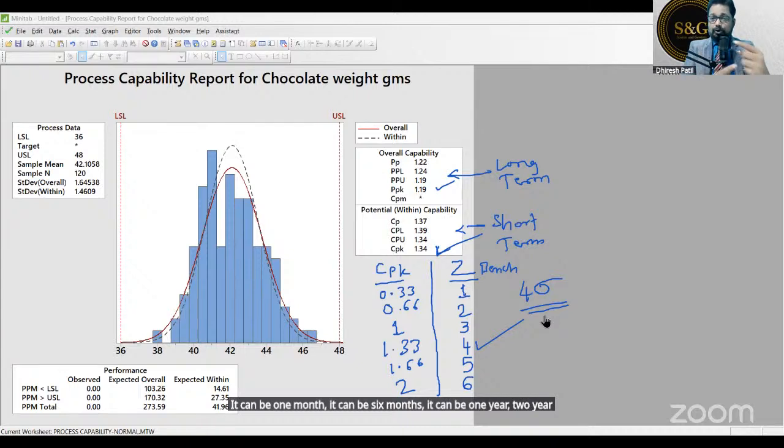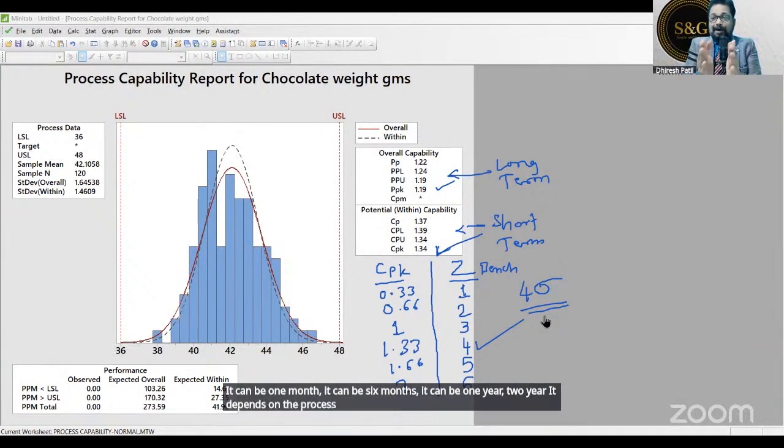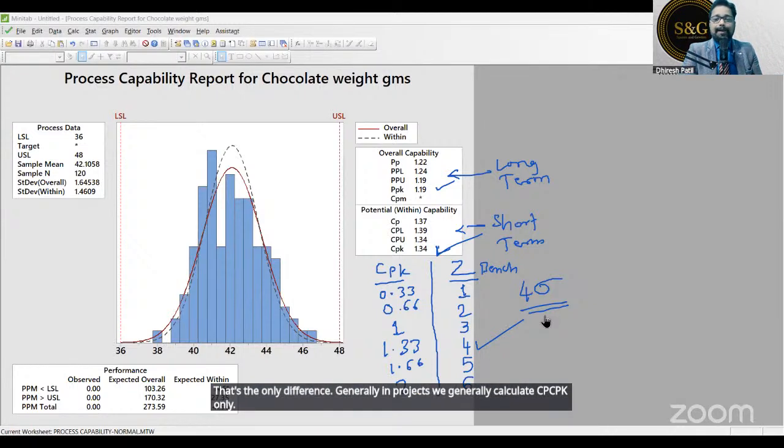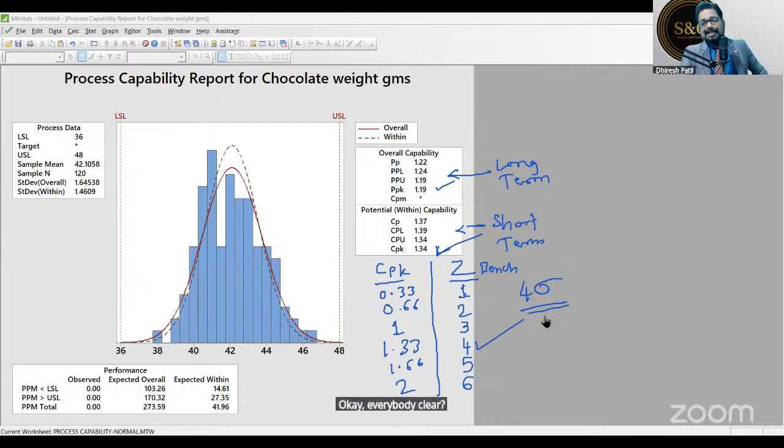It depends on the process. Whichever encompasses your extreme values is your long-term process data. If you are taking long-term data, you are calculating Pp, Ppk. If you are taking short-term data, you are calculating Cp, Cpk. That's the only difference. Generally, in projects, we calculate Cp, Cpk only. Okay, everybody clear?